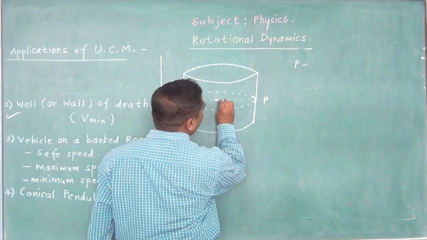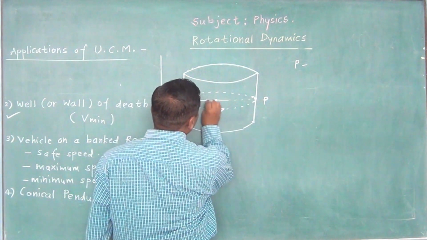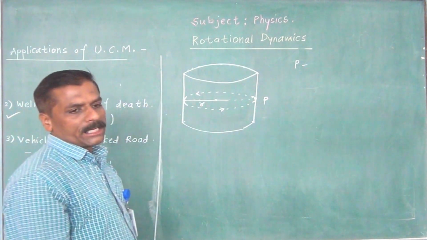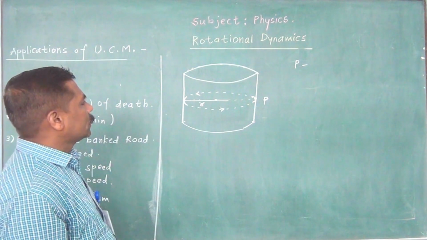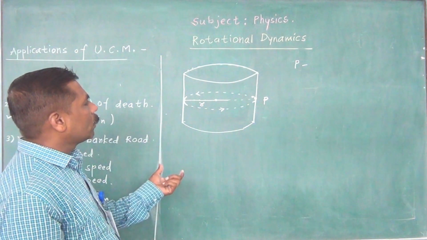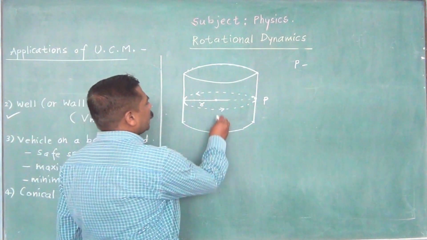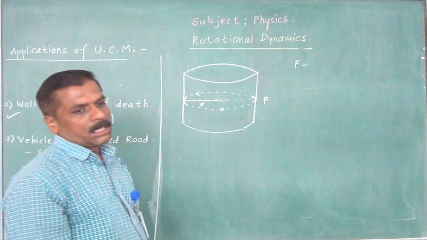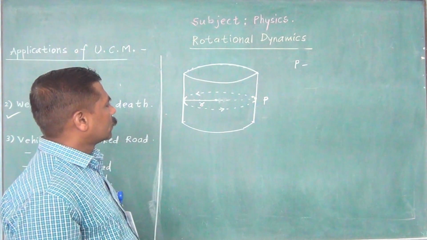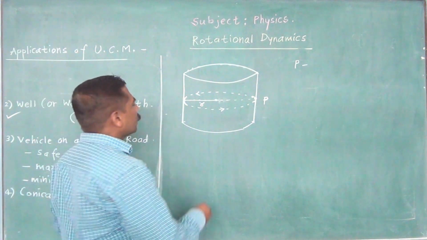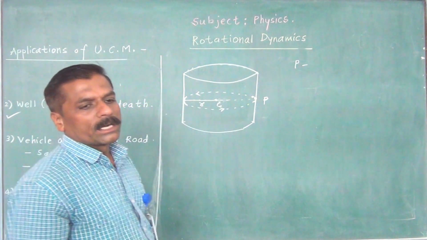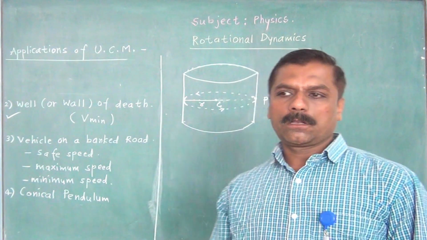Similarly, here we can show R, which is the radius of this vertical cylindrical well. You can remember this. Here C is taken as the center of this vertical cylindrical well.